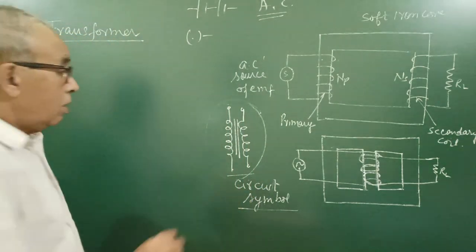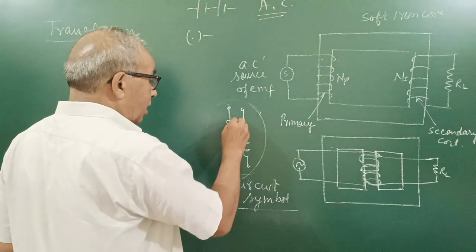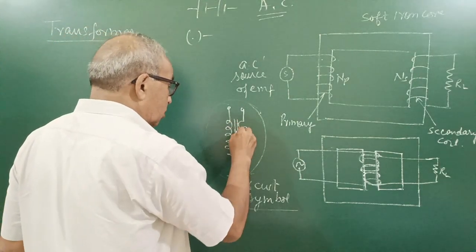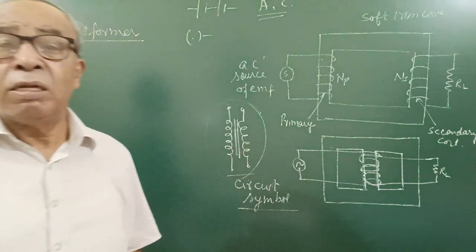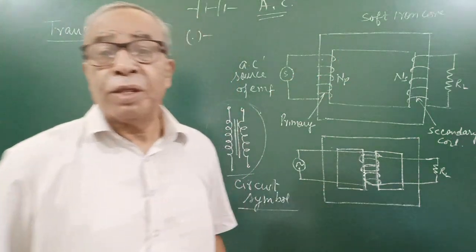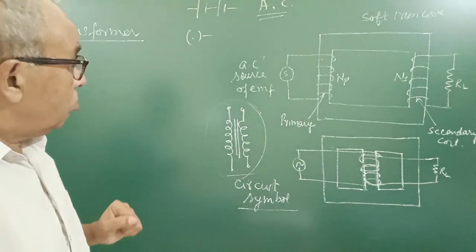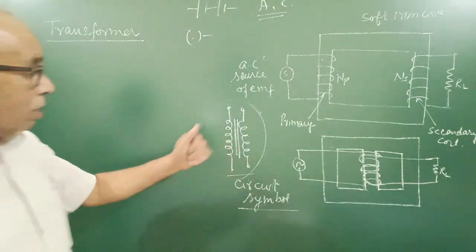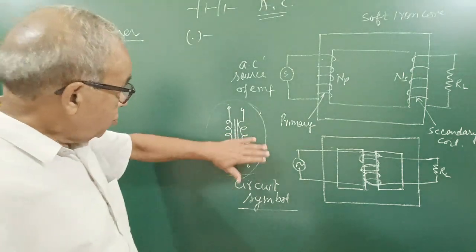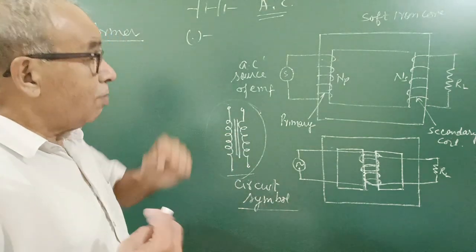Remember it. These two coils are primary and secondary, and these two lines represent the core. In viva, people generally ask, write the circuit symbol of a transformer.